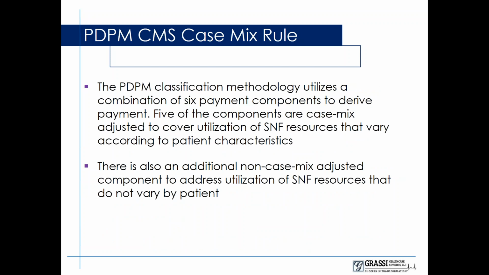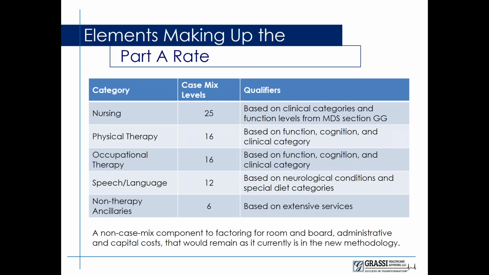As I said before, the payment classification utilizes a combination of 6 payment components. There were the 5 I talked about before, and then there's one that's basically like the room and board at the standard non-case mix adjusted level. Here, this slide shows the different clinical categories: nursing, PT, OT, speech, and non-therapy ancillaries.